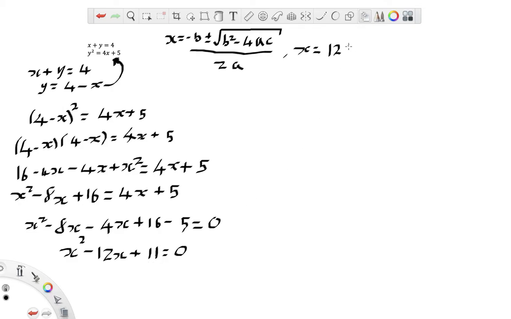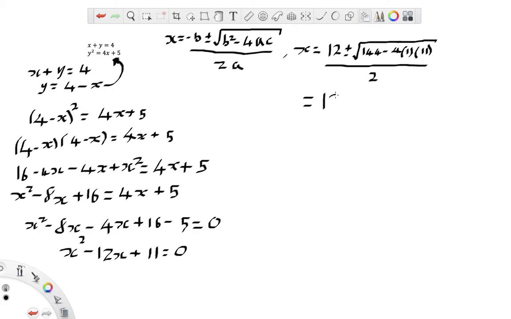So 12 plus or minus the square root of b squared, so that's minus 12 squared, well, minus 12 squared is 144, minus 4 times a times c, well, a here is 1, so it's 4 times 1 times 11, and that's all over 2 times a, and a here is 1, so 2 times 1, which is 2.